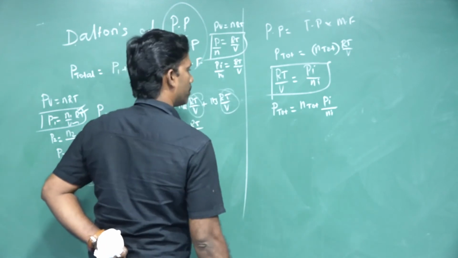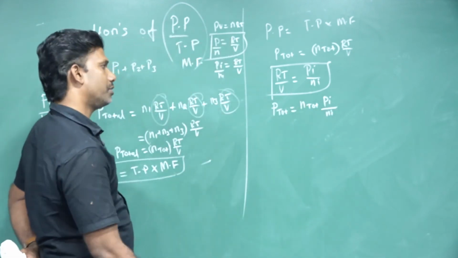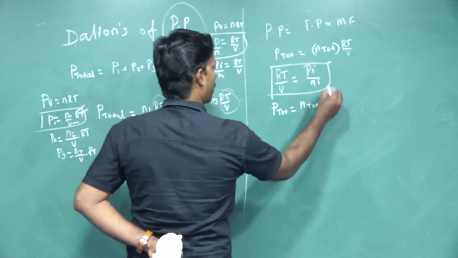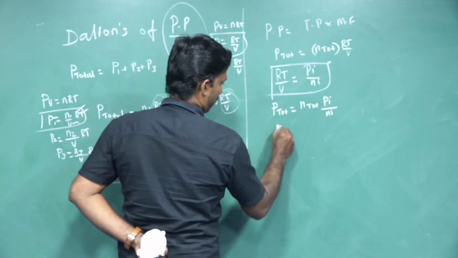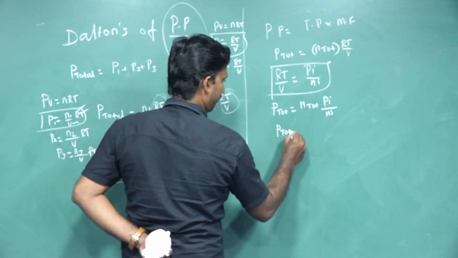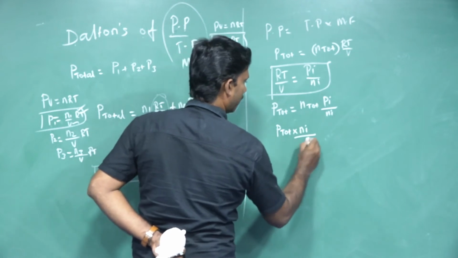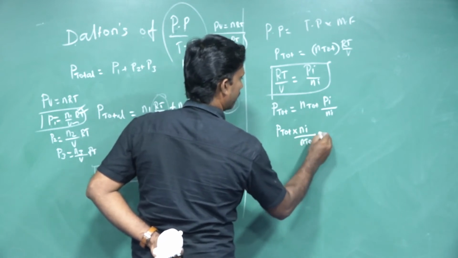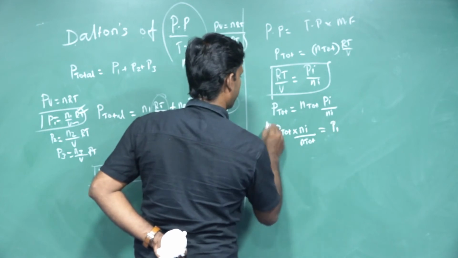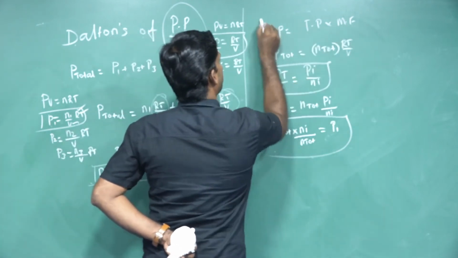Pi is the partial pressure of the individual gas, the ith gas. So if we need Pi, it is total pressure into Ni by N total, that is equal to Pi. Now you got this formula: partial pressure equal to total pressure into mole fraction.